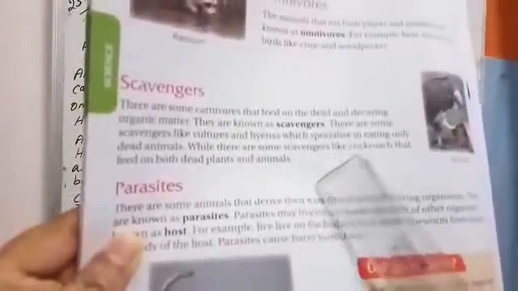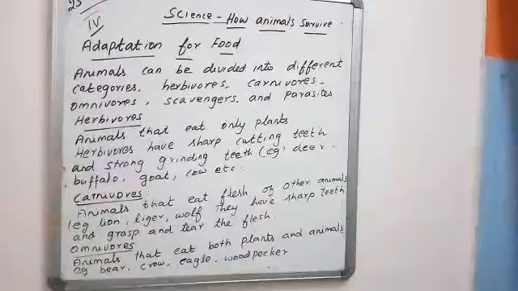There are scavengers like vultures and hyenas. Cockroach also eats dead plants and animals. Scavengers here means nothing but animals that eat dead and decaying organic matter. I hope you have understood it.